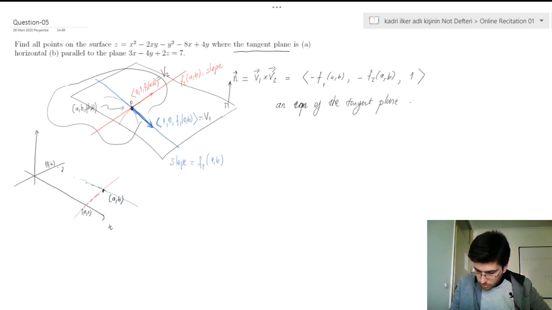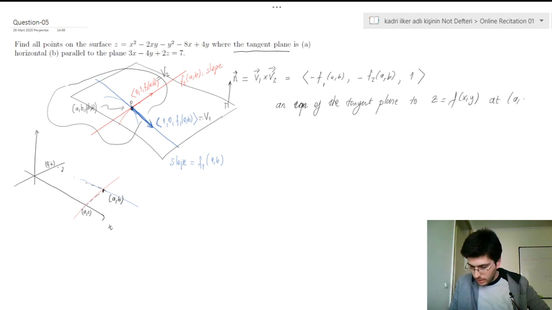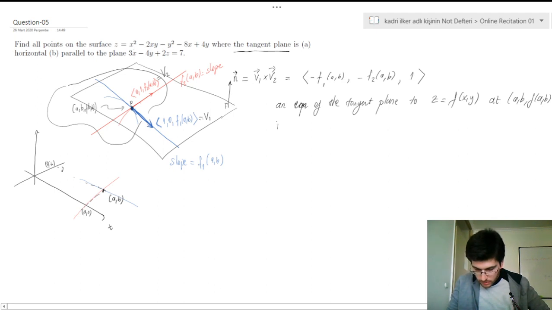Okay, so maybe I should get some piece. Okay, something like this at AB and f of AB turns out to be something like this.